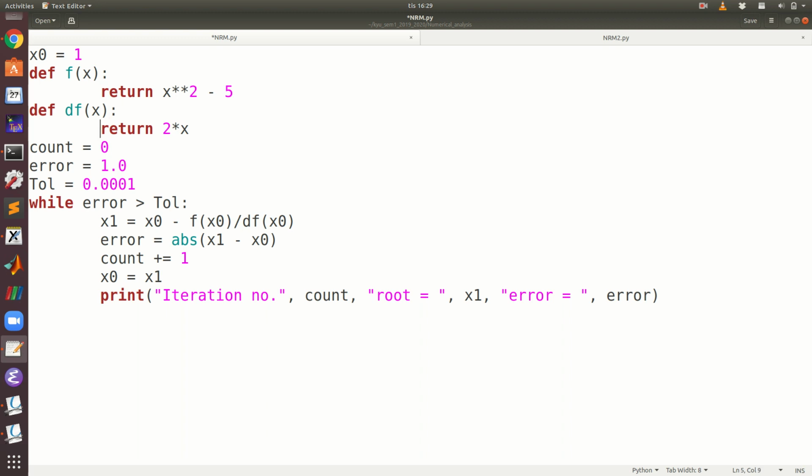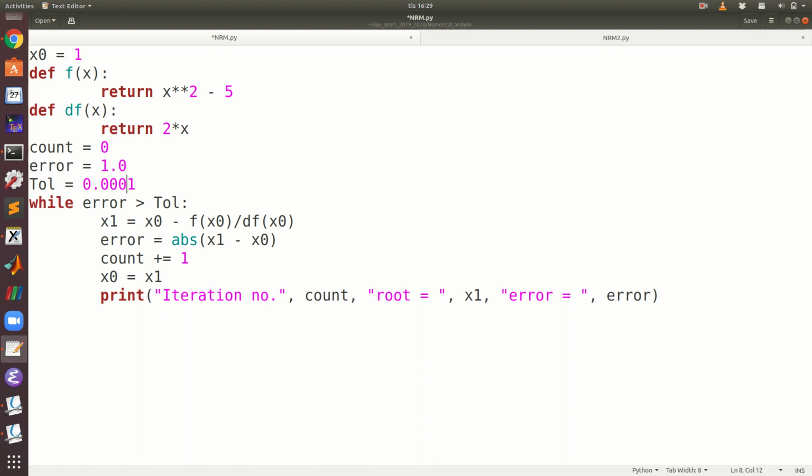Then we define the derivative function, which is 2 times xn, which is 2 times x. And then the count, you have seen this numerous times. I'm just trying to take count of how many iteration steps we are making. I first state a large error, error as 1, because I have to use it somewhere.